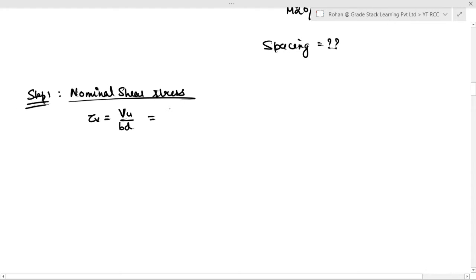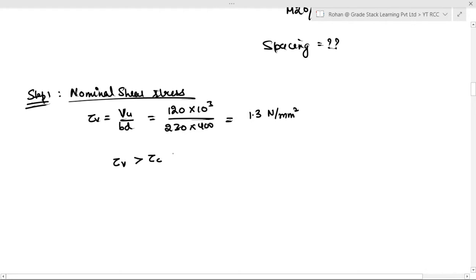Vu is 120 kilonewton, given to us, into 10 to the power 3 converted into Newton, divided by 230 into 400, which is equal to 1.3 Newton per mm square.